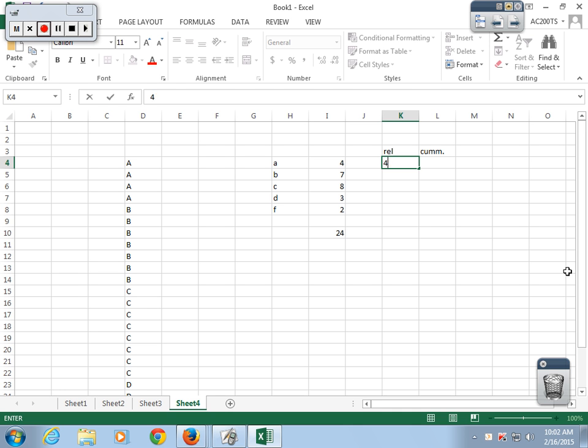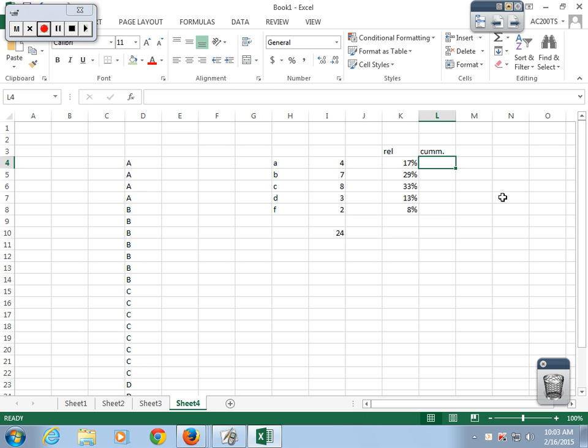Well, we could do this: equals this divided by this, F4, and copy that down, and there are your relative frequencies. If you want to change it to percentage, just hit the percentage sign. There are your percentages.